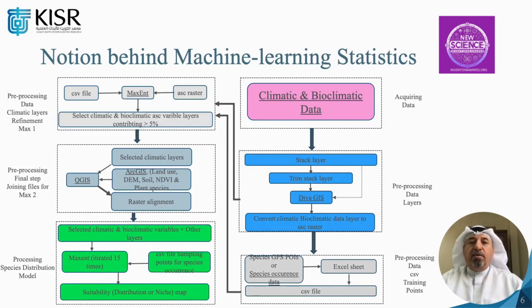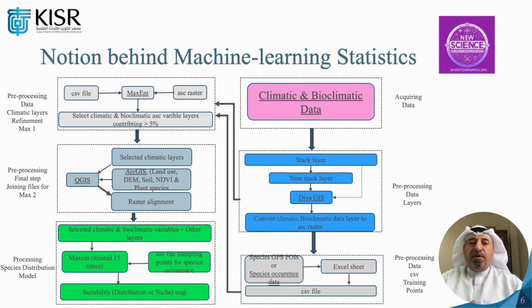Now, the main notion behind machine learning statistics is as follows. We use remote sensing, GIS, and also climatic and bioclimatic data, and we use ecology. So it is a venture between remote sensing and GIS, and some ecological and wildlife sciences.